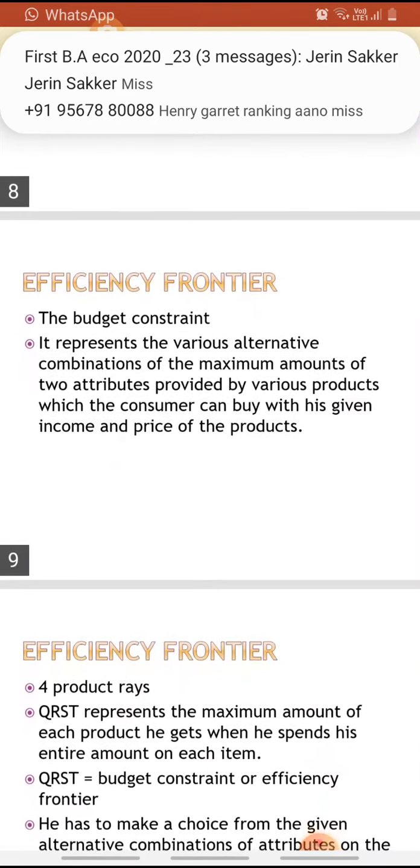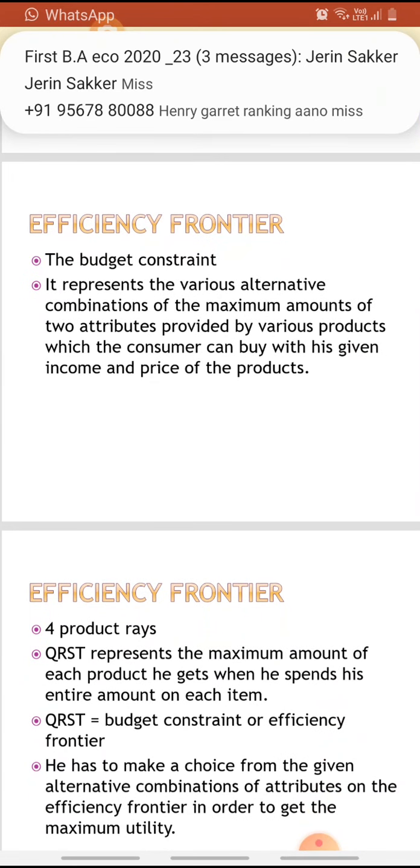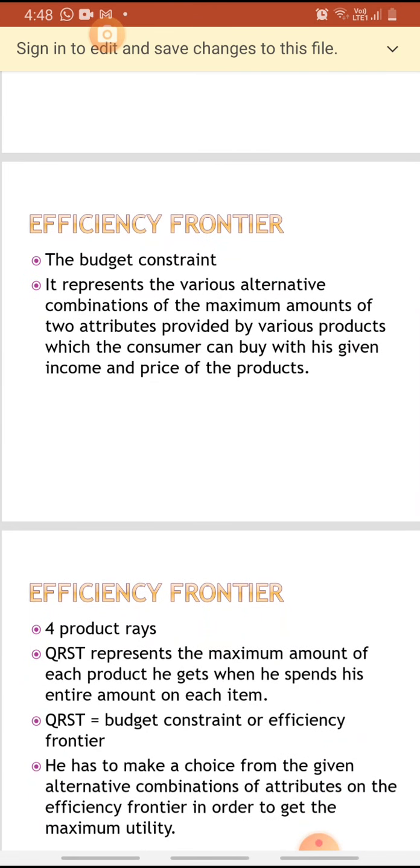Then the efficiency frontier. We need to find the efficiency frontier, the budget constraint. It represents the various alternative combinations of the maximum amount of two attributes provided by various products which the consumer can buy with his given income and price.